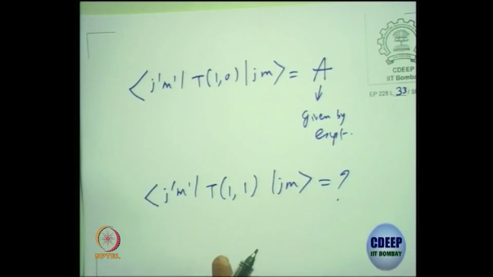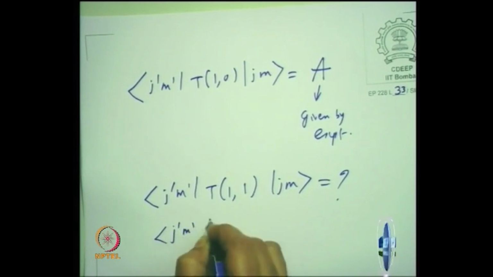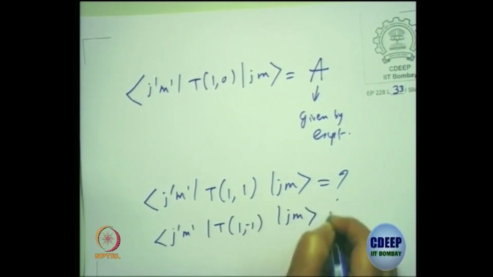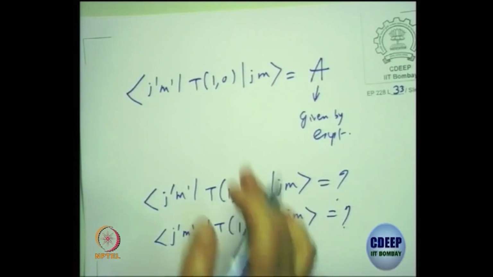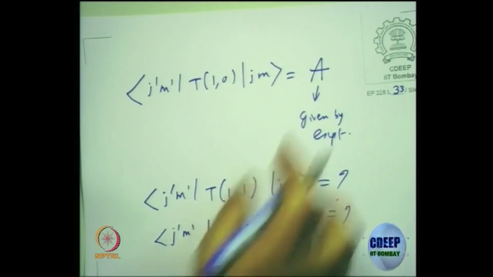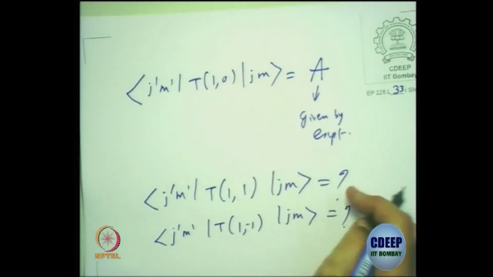After you measure, you can also do similarly, you can also find out what is this. If you find out both, you can take a linear combination and determine the x component of the dipole moment. You can take the y component. So now my question is, use the Wigner-Eckart theorem definition and determine in terms of A, what is this?